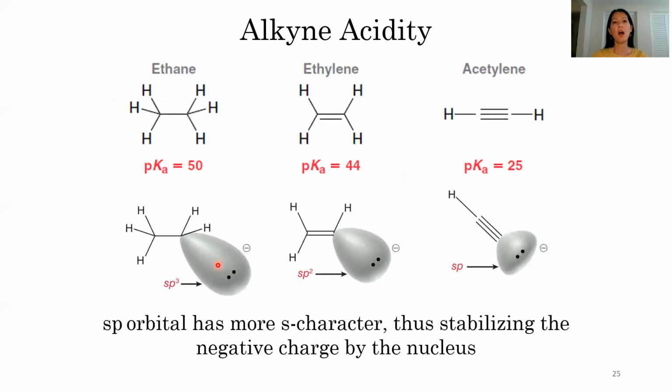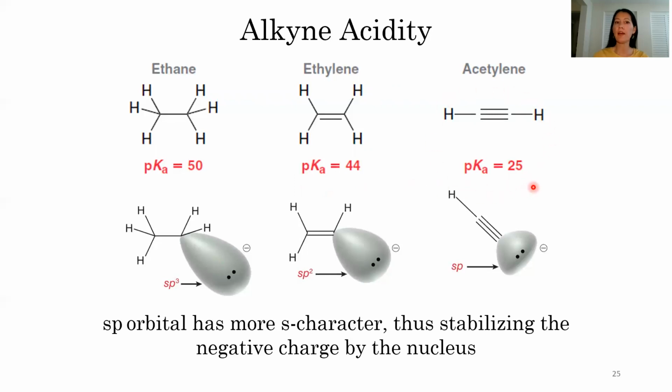Okay, our last section is really talking about how we can take advantage of the alkyne acidity and start using that in synthesis. So let me just refresh your memory. Alkanes have a higher pKa, which means they're weaker acids than alkenes versus alkynes.